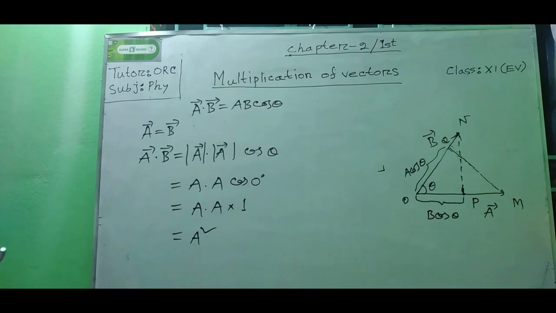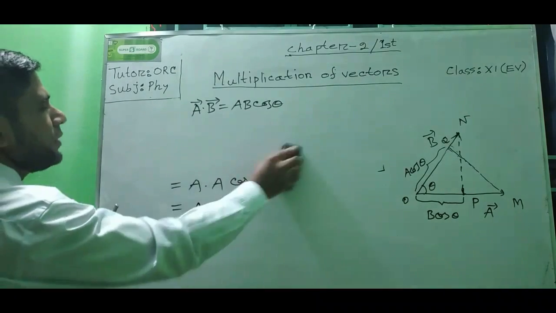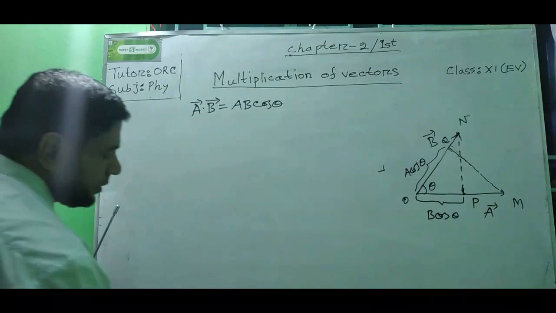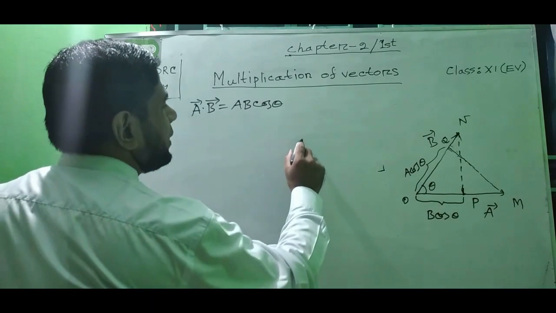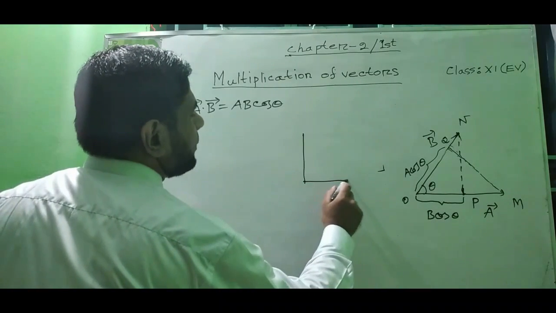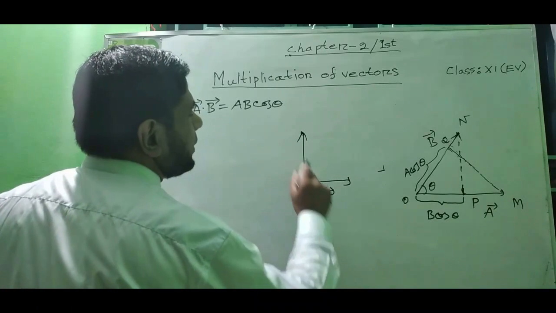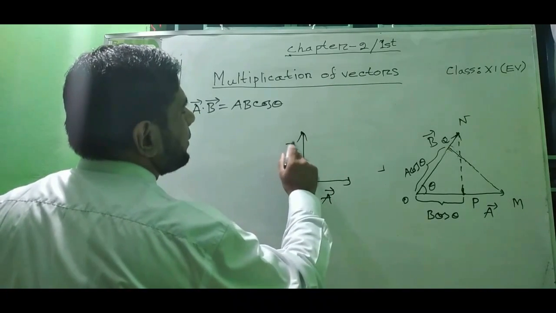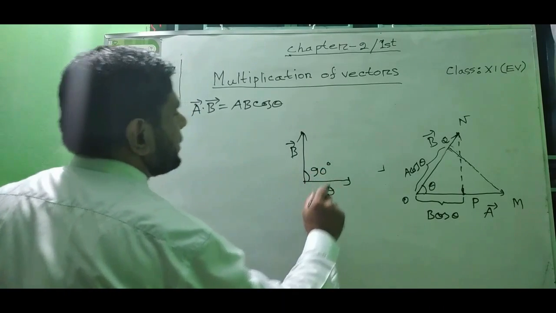On the other case, if the two vectors are perpendicular to each other, then what will be the resultant value of the scalar product? Suppose here the two vectors, vector A and vector B, are perpendicular to each other. Here we can see the angle is 90 degrees.